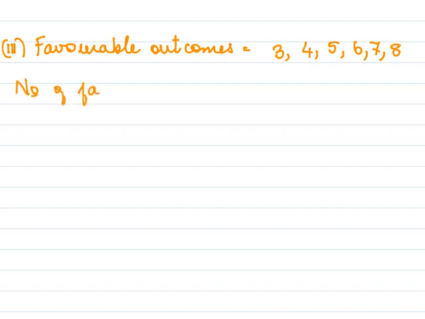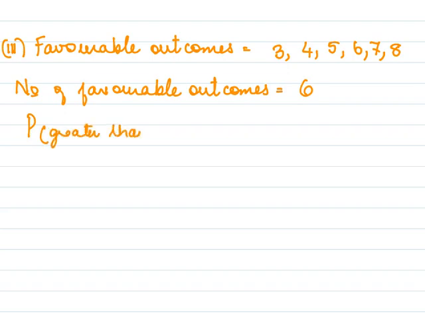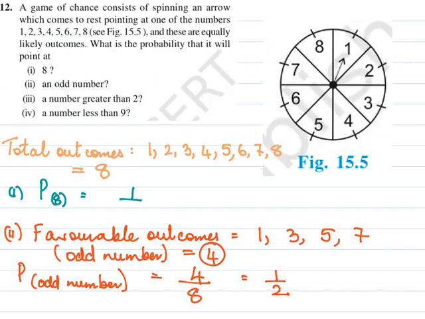So the number of favorable outcomes is 1, 2, 3, 4, 5, 6. 6 of them. So we write that as 6 favorable outcomes, and the probability of greater than 2 is 6, total outcomes are 8. So that would be 3 out of 4.